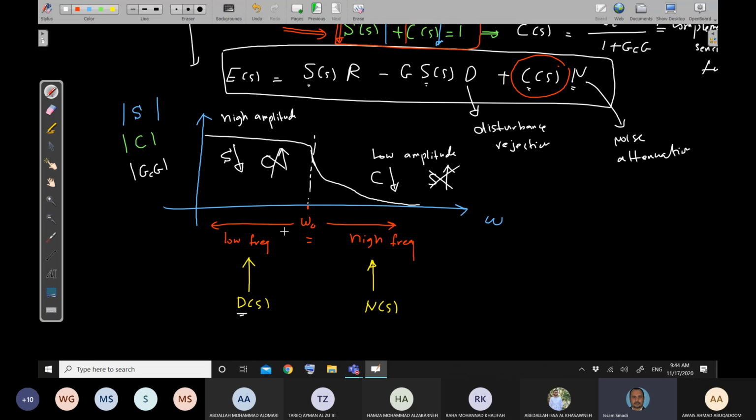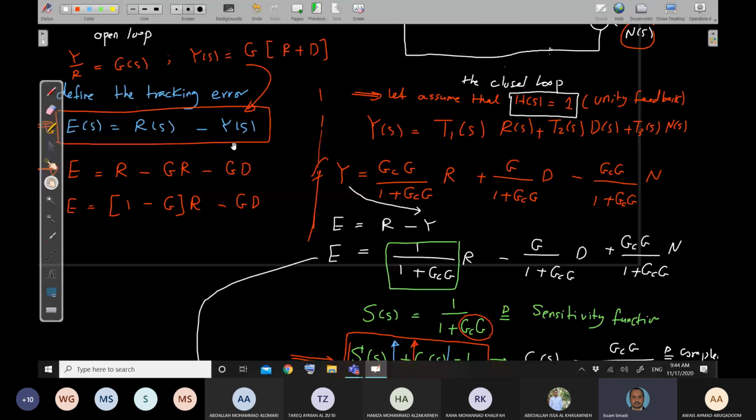So now, which has the ability to reject the disturbance, the open loop or the closed loop? If I recall the open loop, this is the open loop.